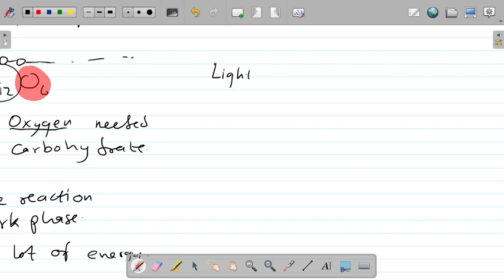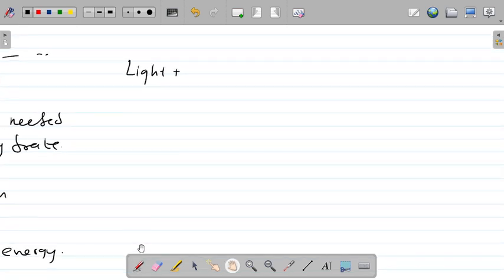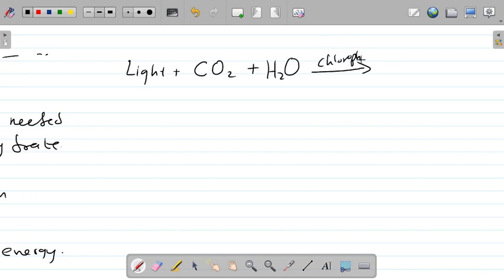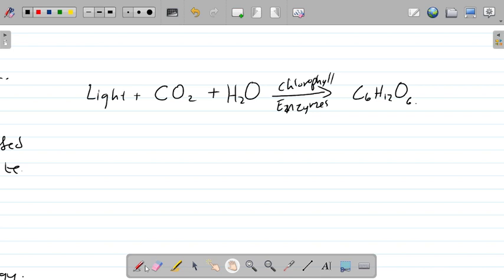Light plus carbon dioxide plus H2O, all in the presence of chlorophyll and enzymes. We use enzymes and chlorophyll to make C6H12O6. Good.